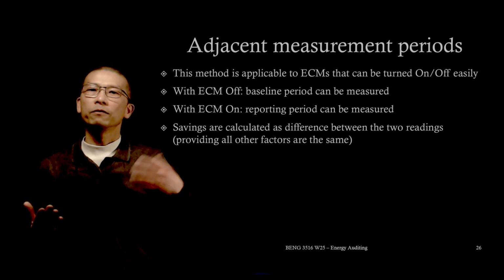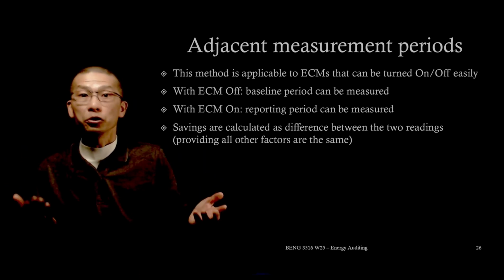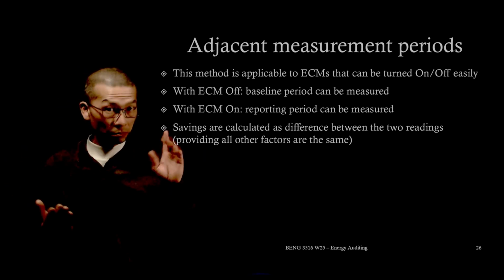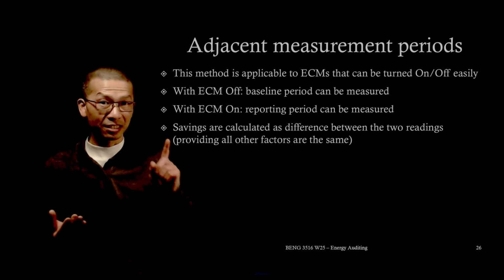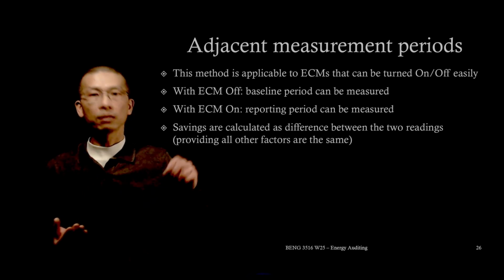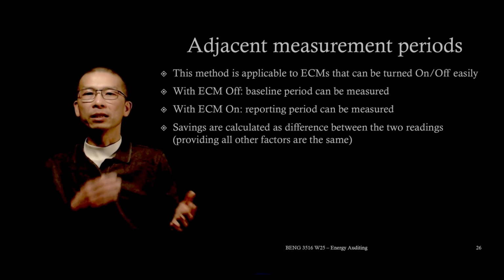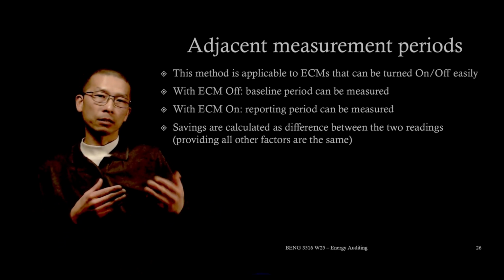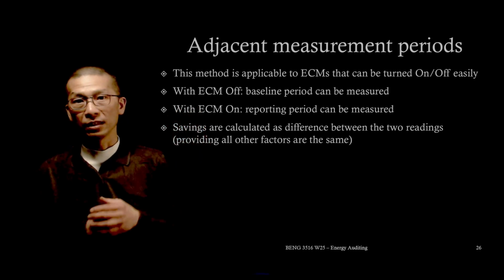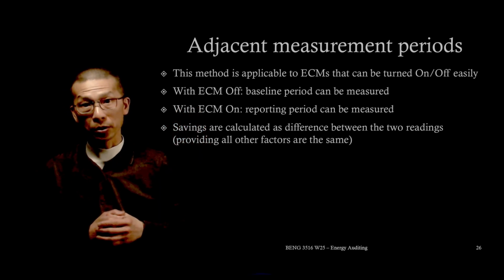Then for the reporting period, the control system is turned on and we measure the energy use again under the same conditions. Remember that, under the same conditions. Otherwise, adjustment would be needed. Then the saving calculation would be the difference between the two, right? The reduction of the energy use from the reporting period.